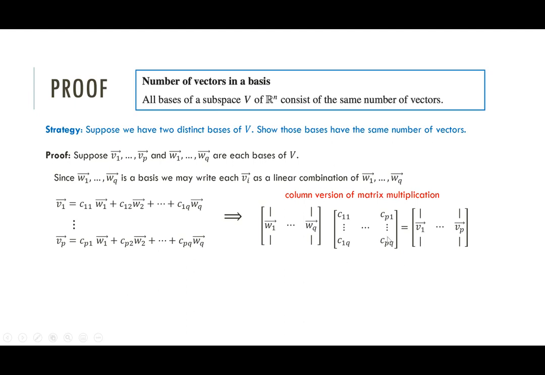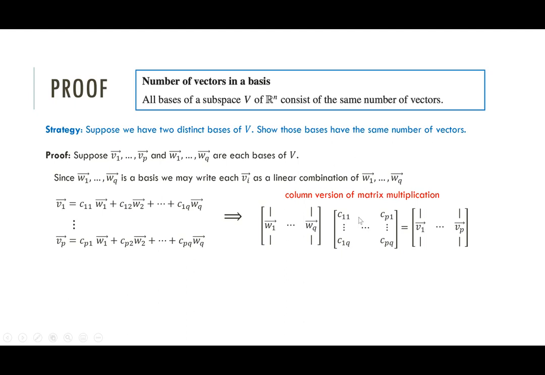All right. So let's convince ourselves that this really is containing the same information. Take the column C1 to CQ and multiply it by this matrix. Well, in the column version of matrix multiplication, that's just the linear combination of W1 to WQ with these coefficients, which we have said is V1.